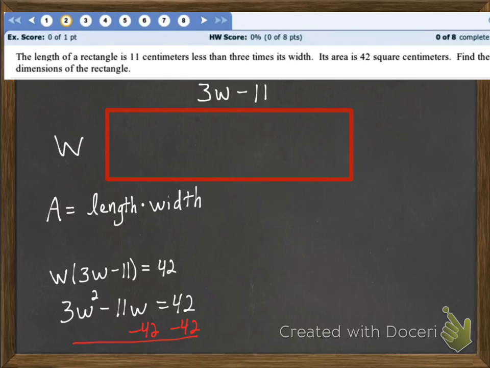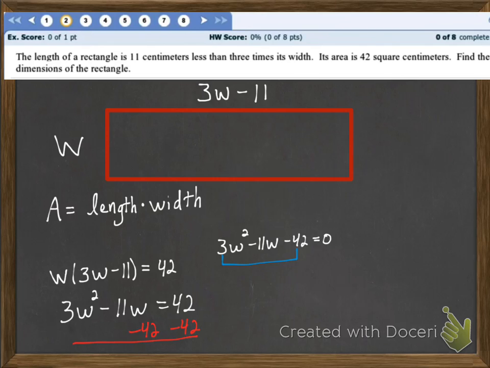We get 3W squared minus 11W minus 42 equals 0. And unfortunately here we're stuck with something in front of the squared term that we just can't factor out.